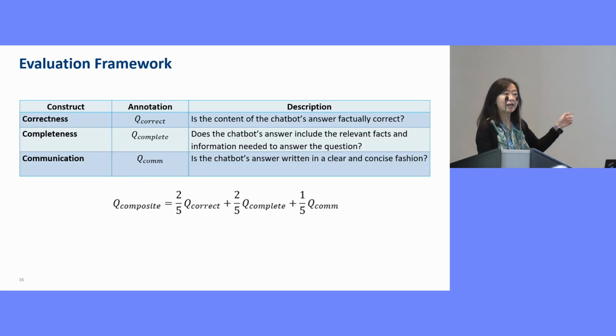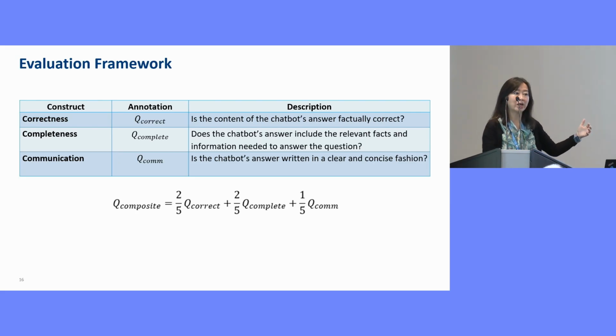For correctness, we ask, is the content of the chatbot answer factually correct? For completeness, we ask, does the chatbot's answer include all the relevant facts and information needed to answer this question? And we also ask about communication style. NCES wanted the chatbot to be concise, not only correct, but concise. They don't want the chatbot to be too chatty.